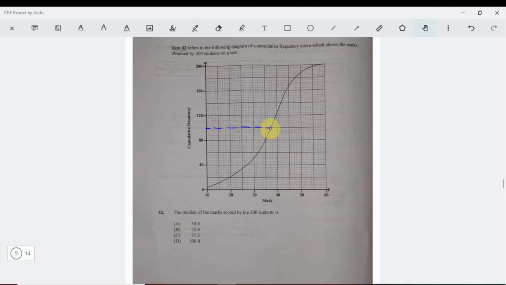This x value that you get is going to be the median. So that looks like 30, 35, 36, 37, 37 and a half. The median is 37 and a half. Wow! That's the median. Easy stuff. Nice.